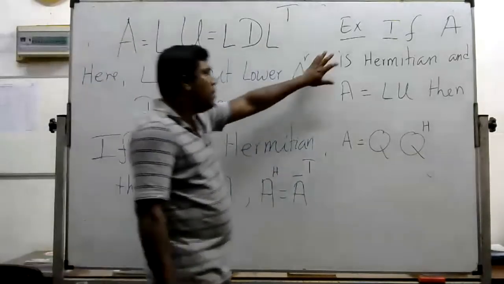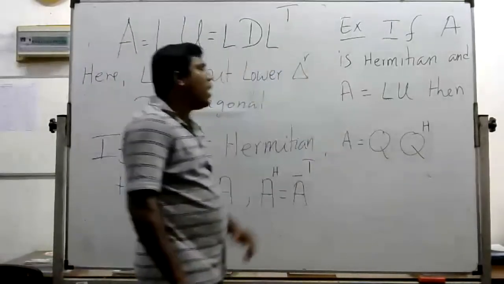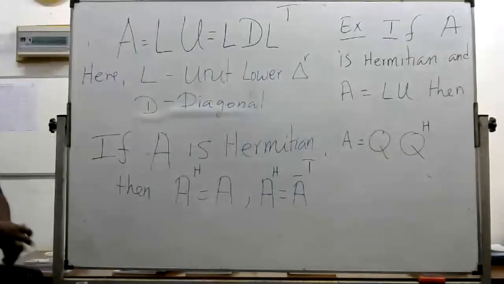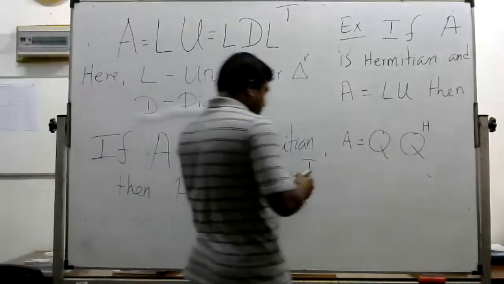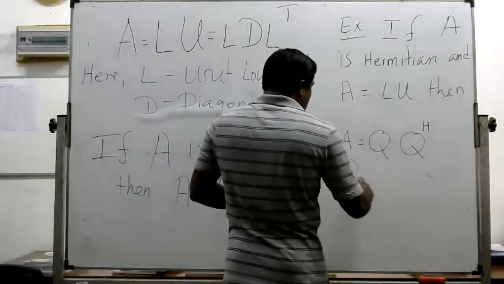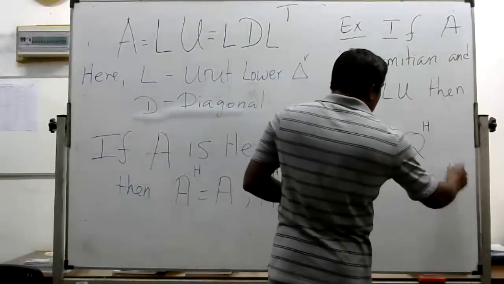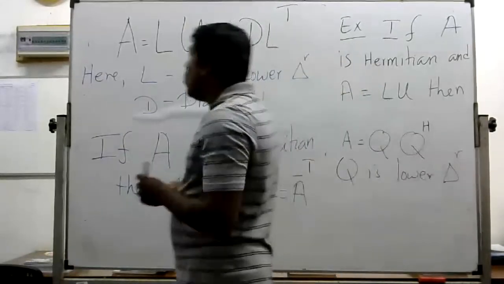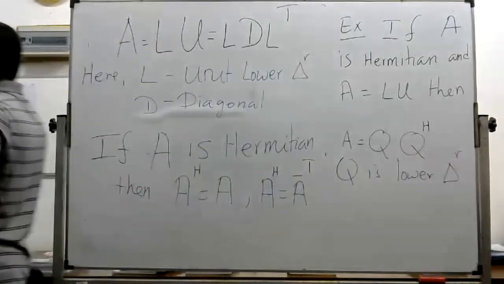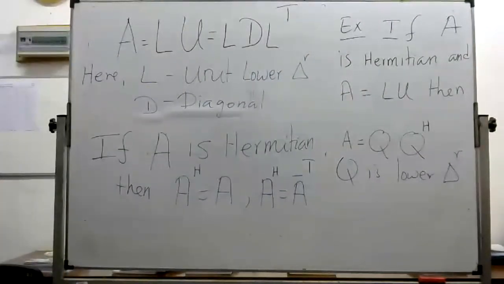So if A is Hermitian, then you can write A as Q times Q Hermitian, where Q is a lower triangular matrix. Okay? So this I leave as an exercise for you to think about and come back to the next class.